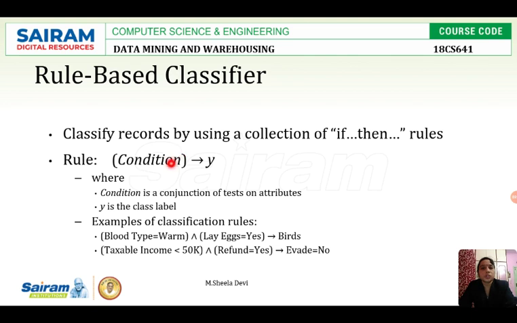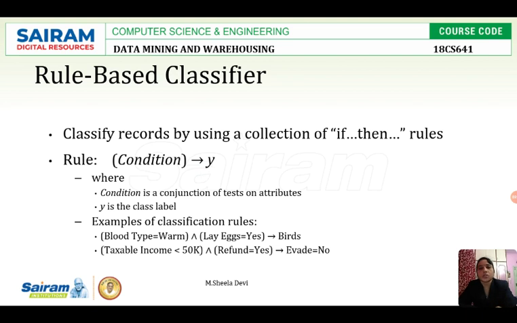If he belongs to India, yes. If he doesn't belong to India, no. If a particular condition is satisfied, he will come under this category. If not, he will come under another category. That's it. A rule-based classifier should satisfy a rule. If the rule is satisfied, then we can classify the particular record or item. If it doesn't satisfy, then we will categorize it into another classification or category.